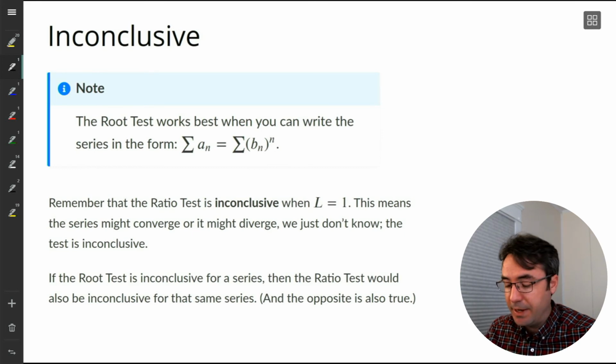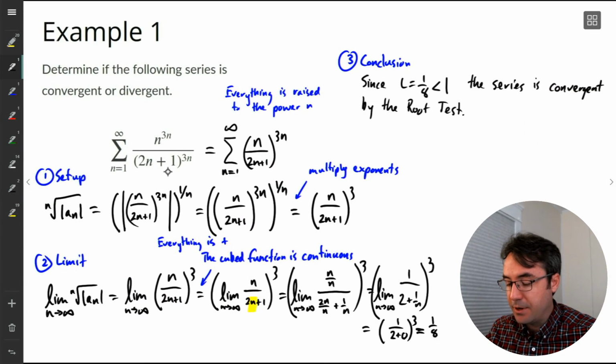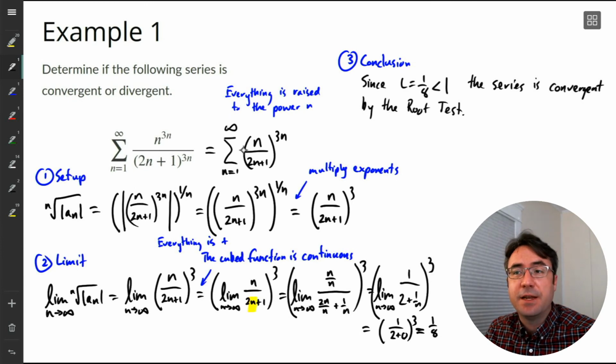So that's what we did. Going back to our example, we had this series that we were interested in. We were able to rewrite it where we have something being raised to a power n. We actually had 3n here. It's still the same idea. So that's where the root test really works well.